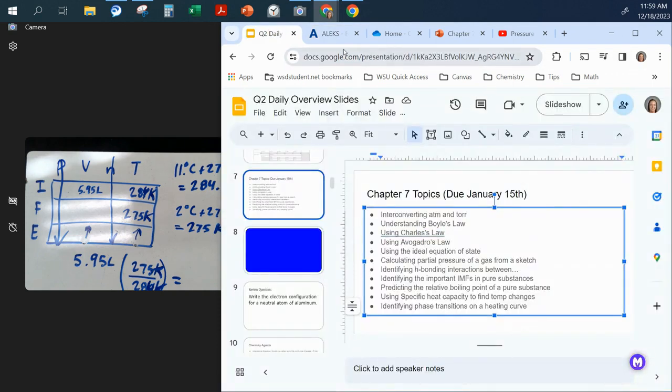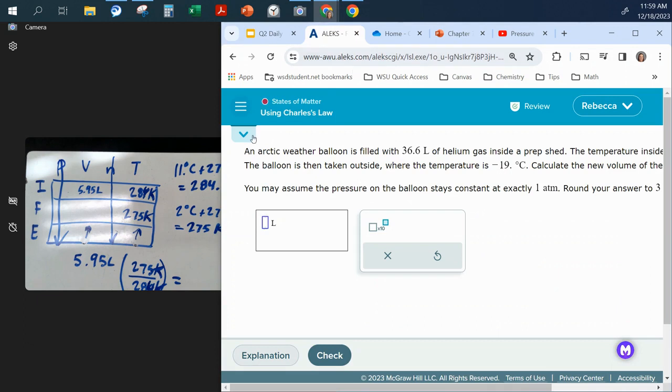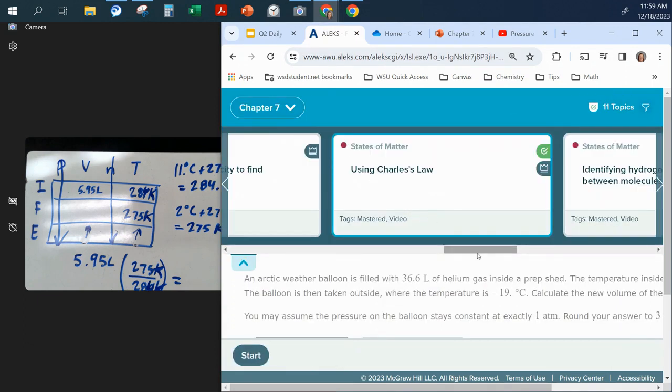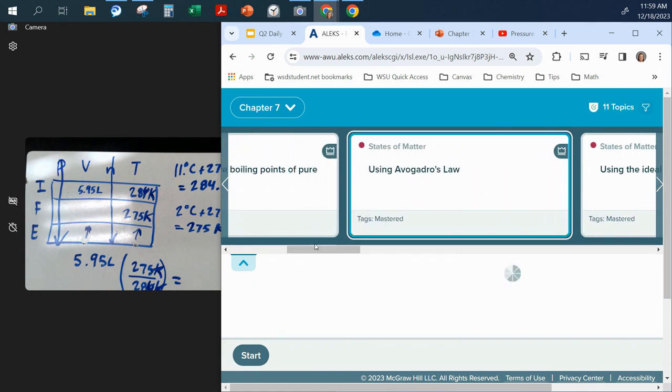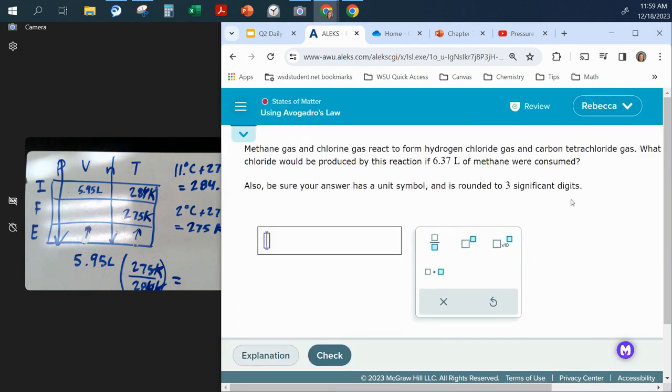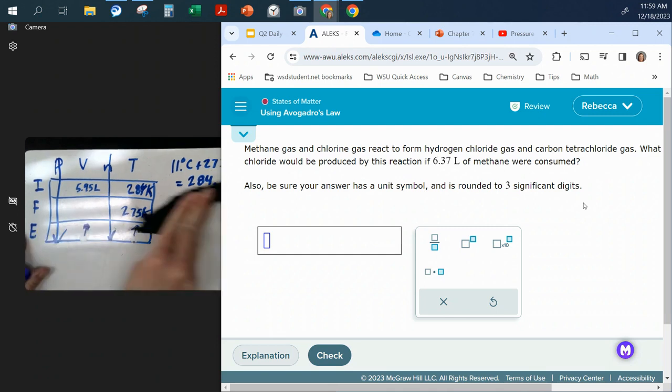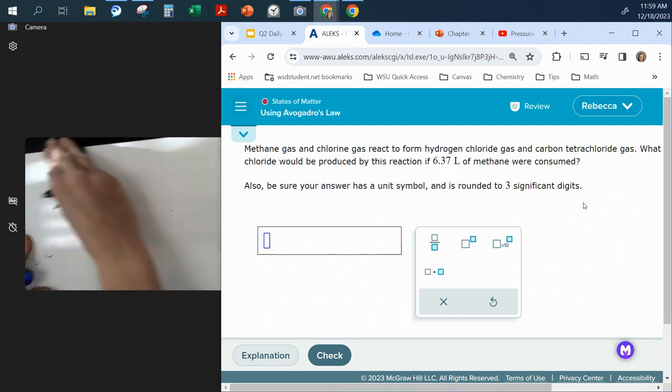The next one I want to look at is Avogadro's law. Okay, so this problem, we're going to do the same thing that we did here with our little chart, and we'll see if our chart works.